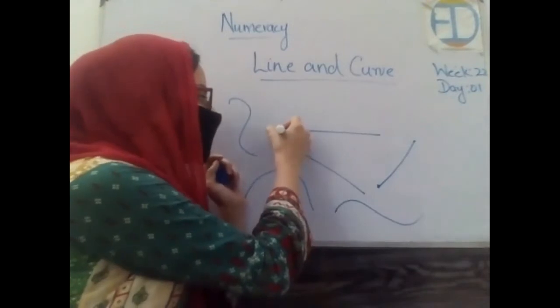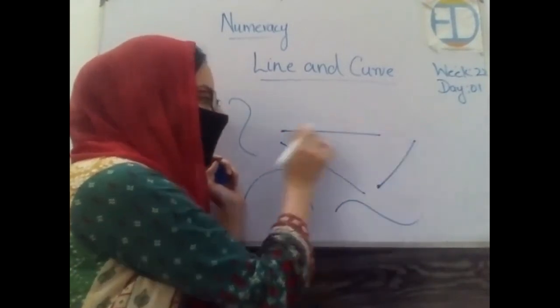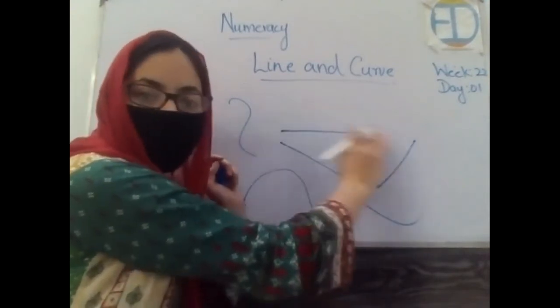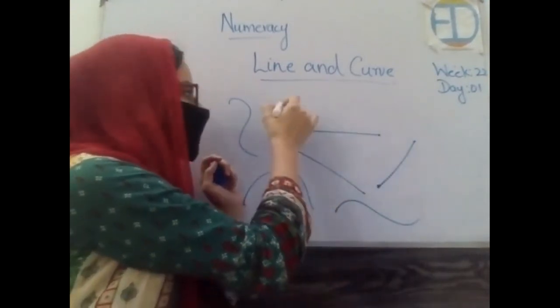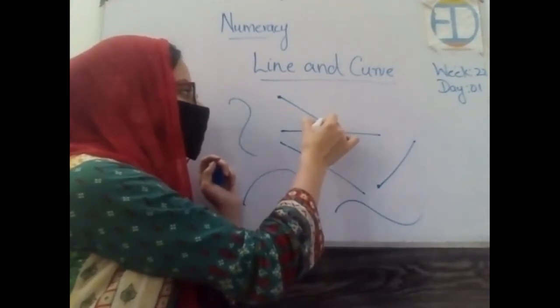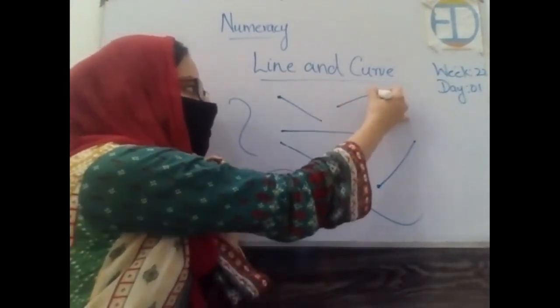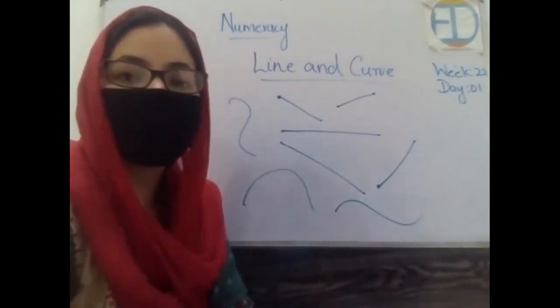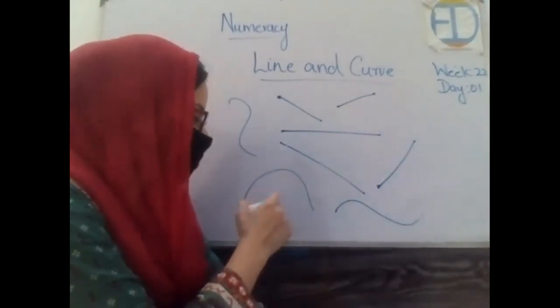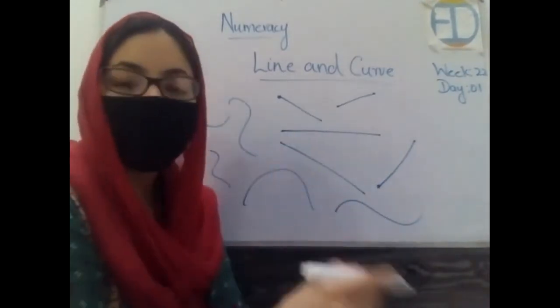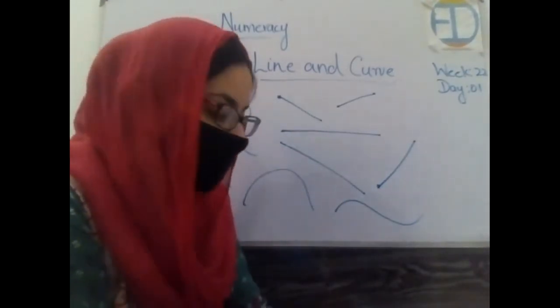Then put two points at the starting end and ending point and then join them. So it would be a straight line. Like I have drawn all these lines in front of you without a ruler, but they are straight. And what is a curve? A curve can easily be drawn like this, right? All of those which are not straight are curved lines.